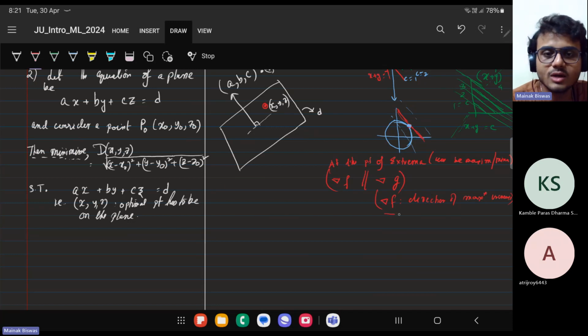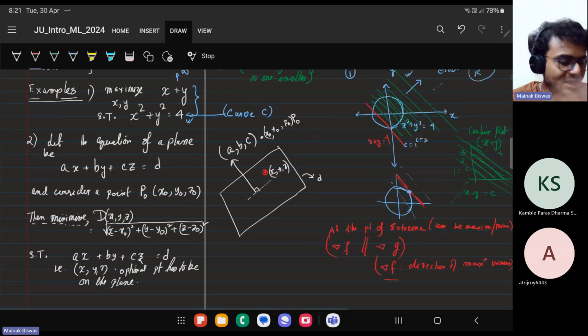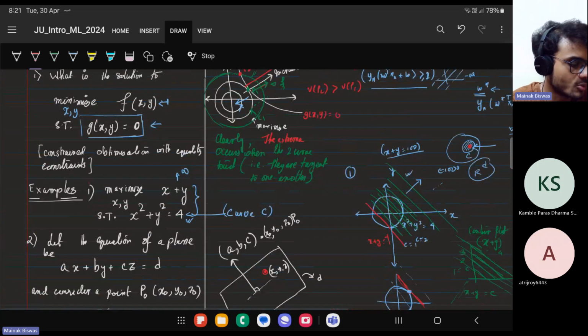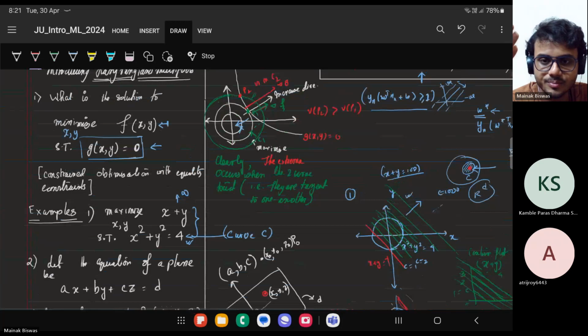Yes or no? This is perpendicular to the plane. If you draw it in a contour plot, the gradient is the vector that is perpendicular to the tangent plane, right? Yes or no?